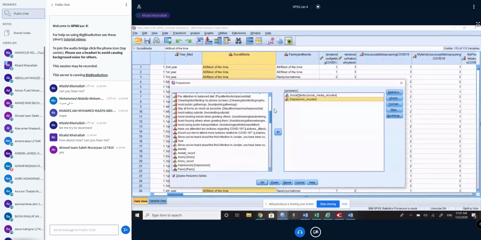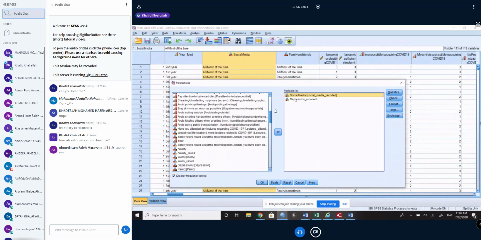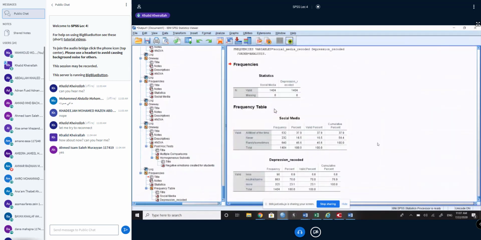depression والسوشيال ميديا recoded، بس نعملهم frequency distribution على analyze descriptive statistics frequencies. بندخل بالباكس اللي هو السوشيال ميديا recoded اللي عملناه امبارح والديبريشن recoded. طلع لنا two variables، ما عنديش missing cases، total is 1404. okay. الآن السوشيال ميديا is 3 categories: almost, never, rarely.